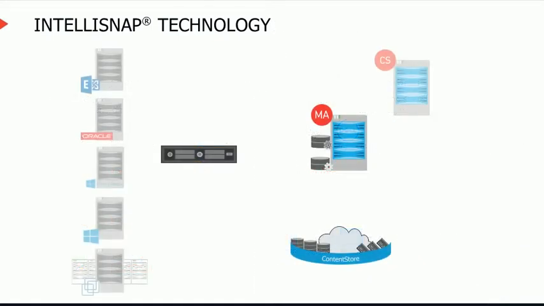We will delve into the specifics of IntelliSnap mechanics in later training, but at a high level, the media agent interfaces with the storage array to control the snapshot process. Scheduling is handled at the CommServe level, and at pre-specified times, the media agent will initiate snapshots on the array via the array APIs.